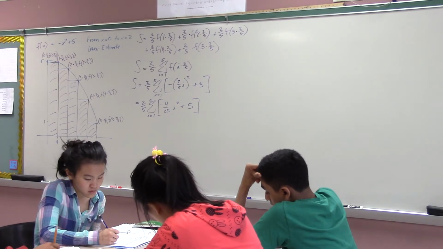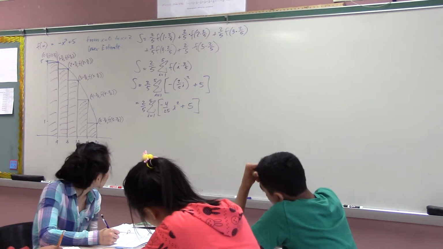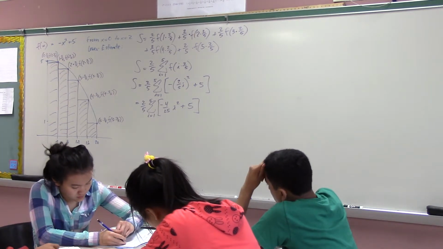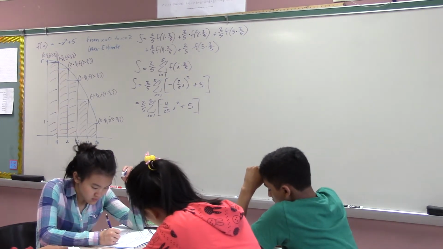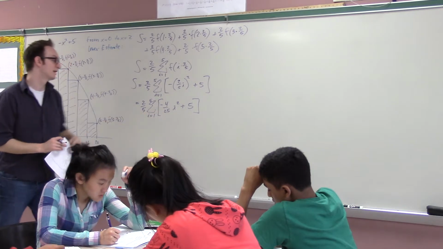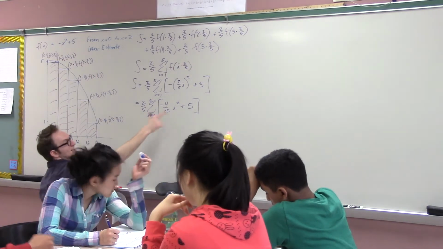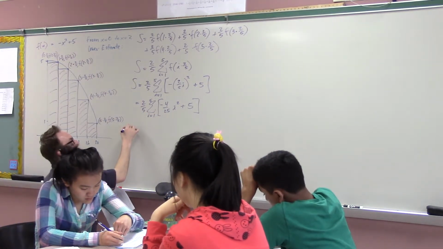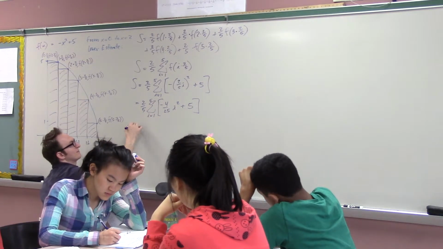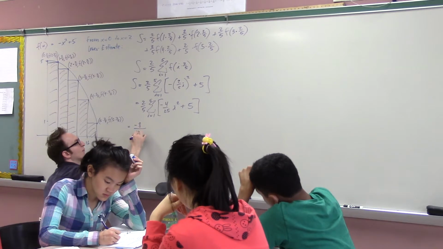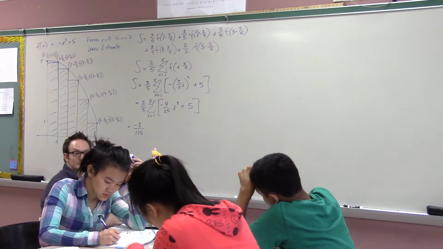Now, in this case, because there are only 5 of them, it would have been easier to just add them up by hand. But we're trying to practice something, so we're actually going to use these formulas. So I'm going to split this up into 2 different sigmas. One of them will be factoring out the negative 4/25. I get negative 8 over 125.